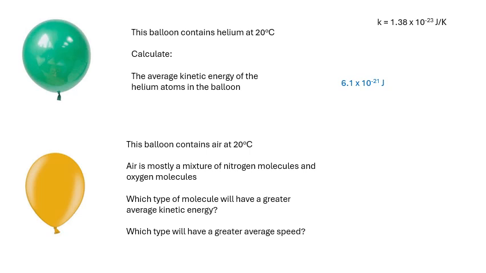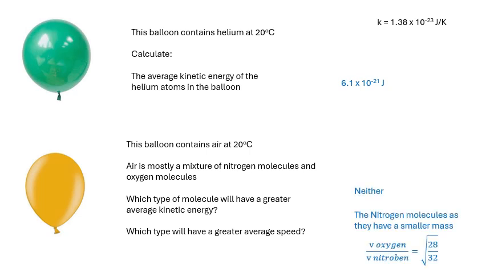Well, which will have greater kinetic energy? The answer is it will be the same. Why? Because the average kinetic energy is 3/2 kT and they're at the same temperature. Which will have a greater average speed? That will be the nitrogen. Why?